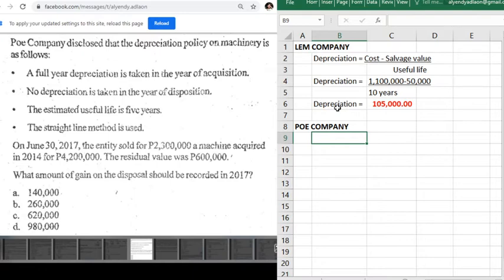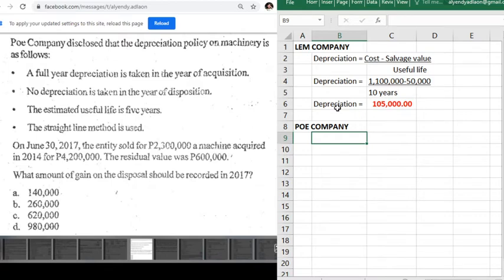Next, no depreciation is taken in the year of disposition. So of course, class, during the last year of the asset, the asset was still useful. But according to the company policy, when it is already the year of disposition of the asset, then no depreciation will be recorded.